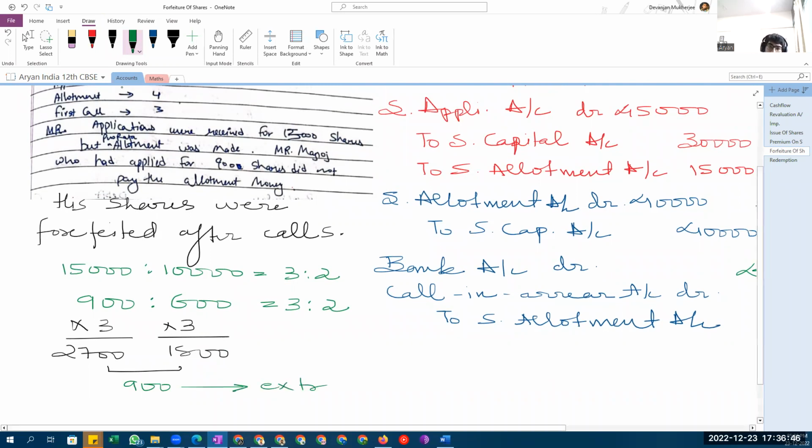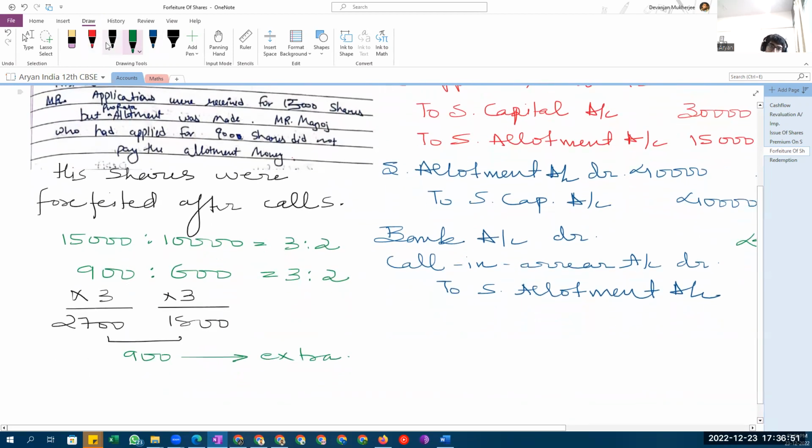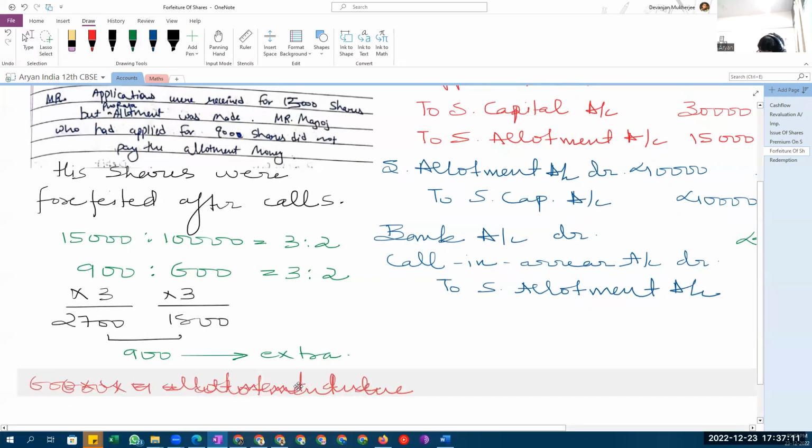Now, during the allotment stage, we have asked him to deposit 600 into 4 for allotment. Right? 600 into 4 is his allotment due.